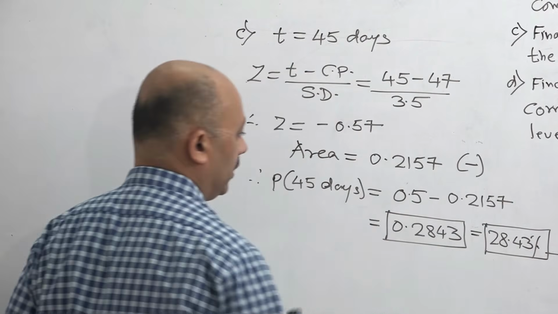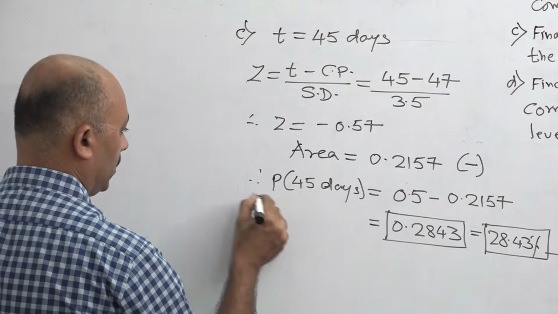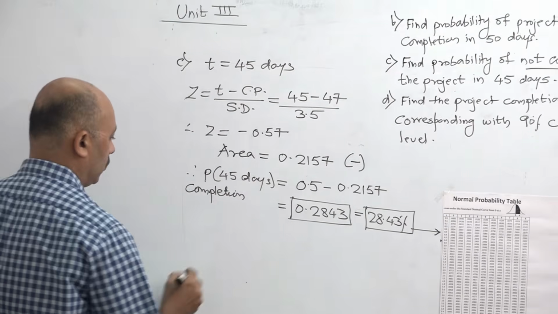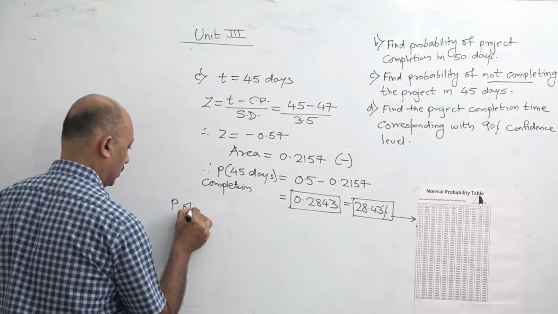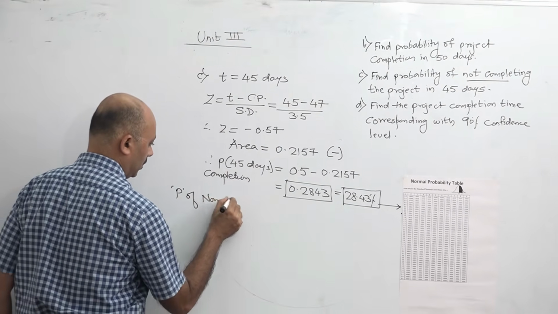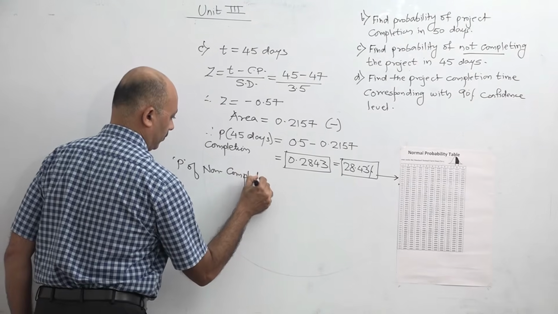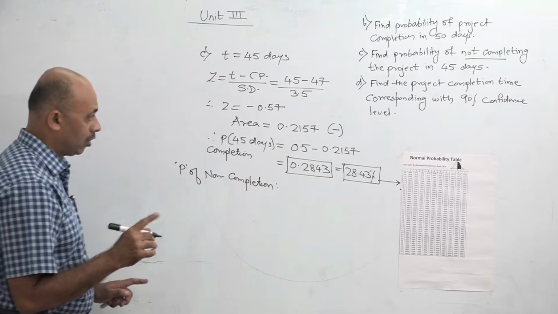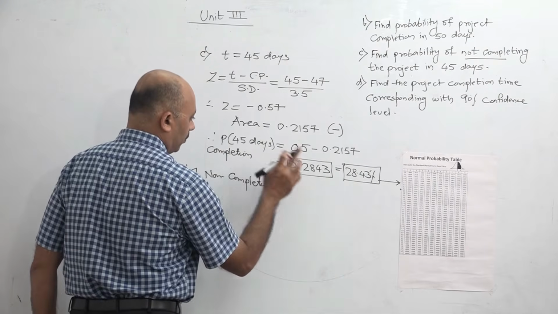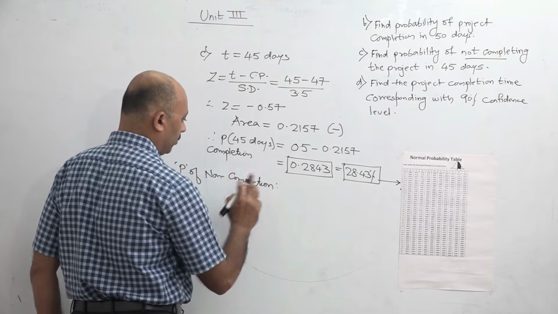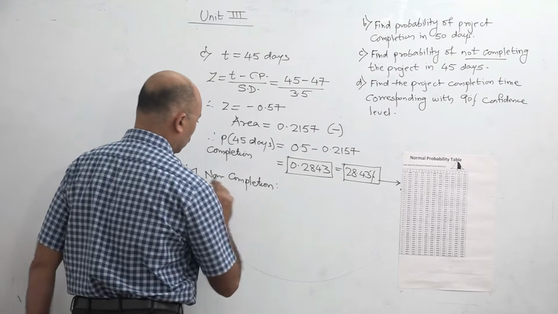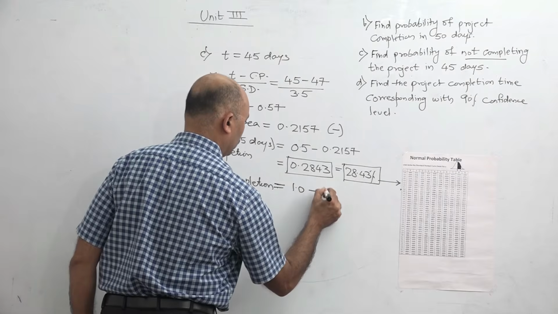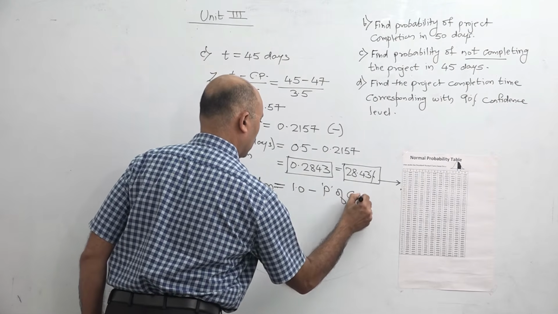But now this is the probability of completion, whereas what we want is the probability of non-completion. Total probability is always 1.0. So the probability of completion and the probability of non-completion sum to 1. Therefore P of non-completion is equal to 1.0 minus P of completion.